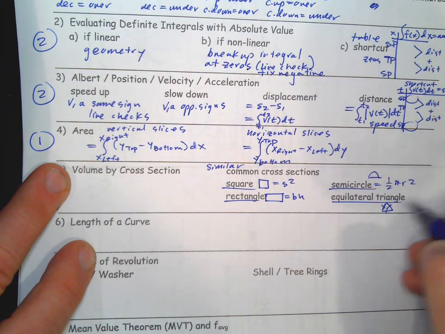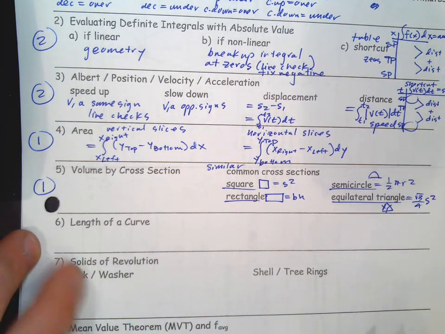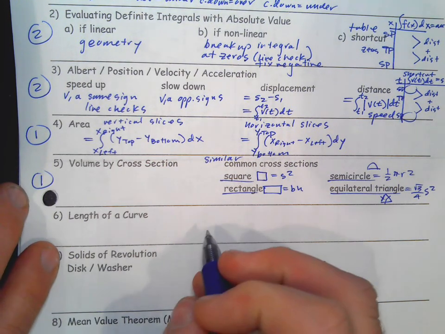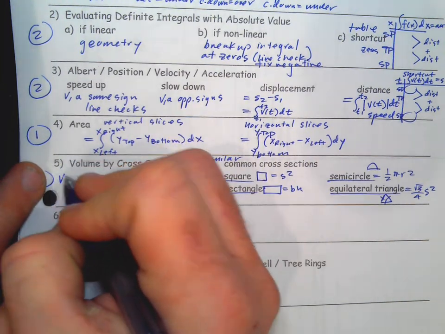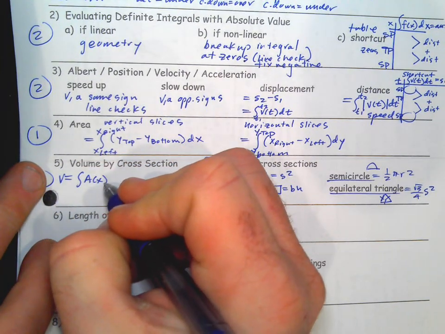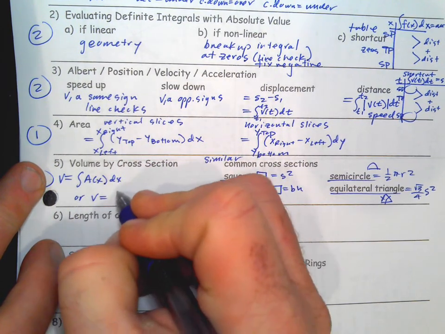You can memorize the formula if you want, root 3 over 4 side squared, or you could just break down the equilateral triangle into 30-60-90 triangles and figure it out yourself. So the volume is going to be in terms of some common area formula for the shape that they all have in terms of x, or in terms of y.